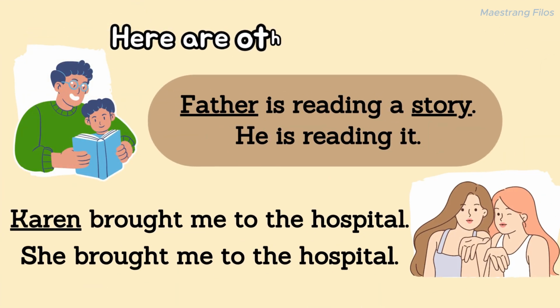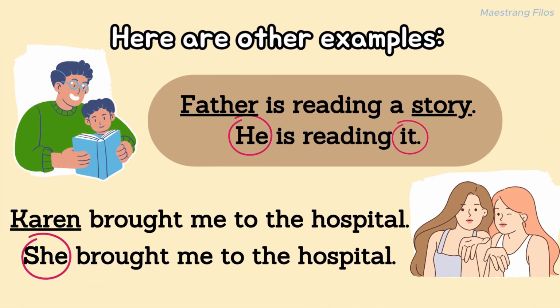Here are other examples. Let's substitute the pronouns for the underlined nouns. First sentence. Father is reading a story. The underlined nouns are father and story. Father can be replaced with the pronoun he, and story can be replaced with the pronoun it.